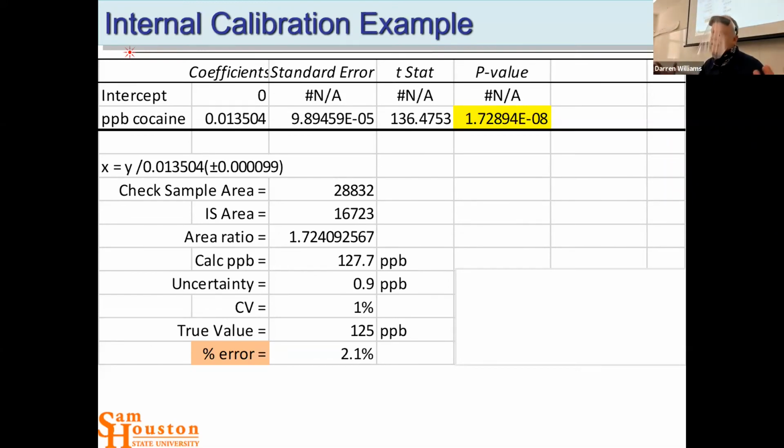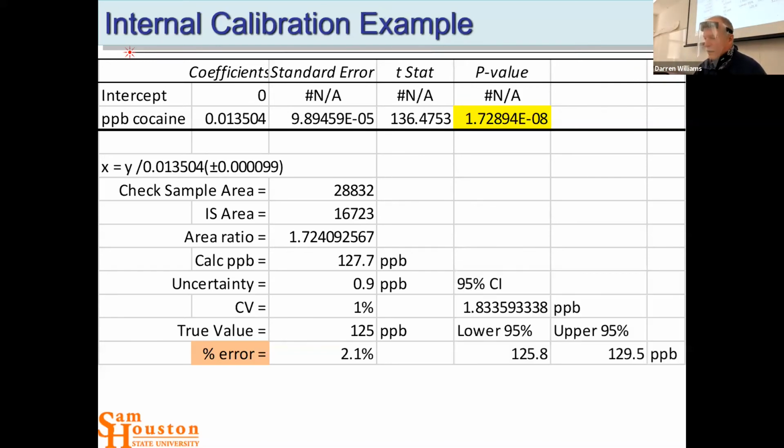So we've gone from excellent accuracy now to good accuracy. And we're kind of bothered because our uncertainty improved so much that this times 1.96 gives us a plus or minus 2. And so our 95% confidence interval does not contain our true value.